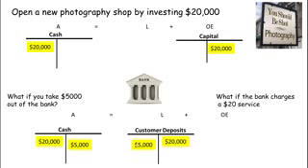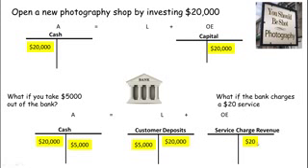And let's do one more example here. What if the bank charges a monthly $20 service charge? A monthly service charge is going to be handled as follows. As soon as the bank charges this $20 charge, they start earning revenue called service charge revenue. So they're going to increase this revenue account by $20, and they're not going to do anything with the cash because there's no cash involved in this transaction.